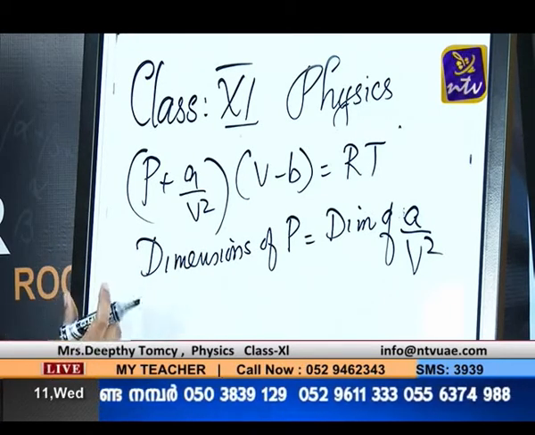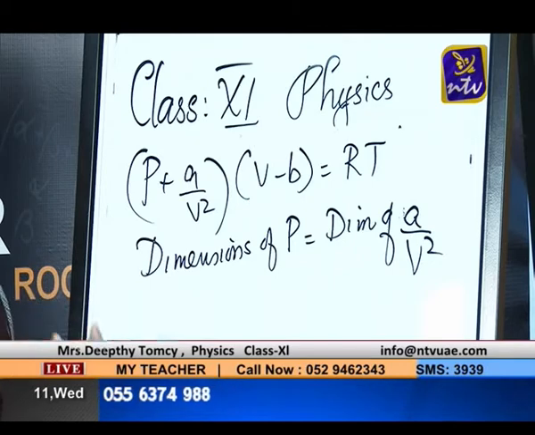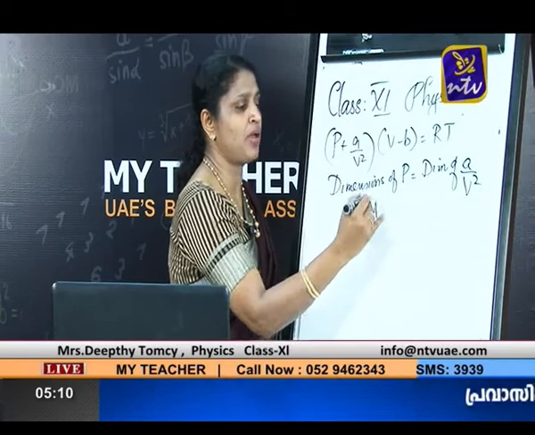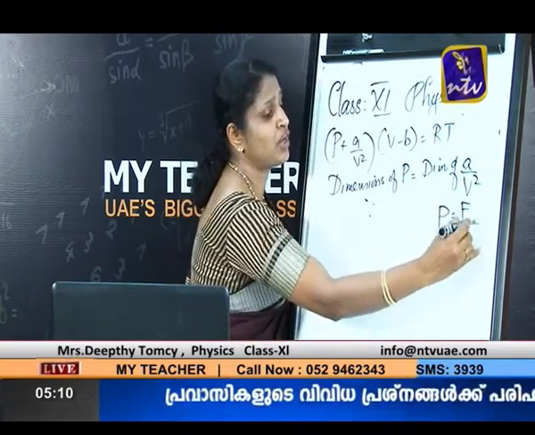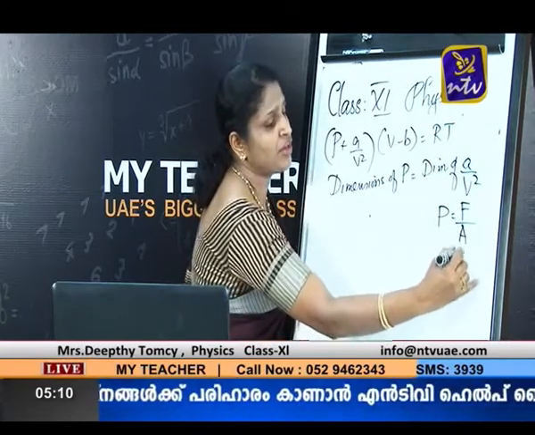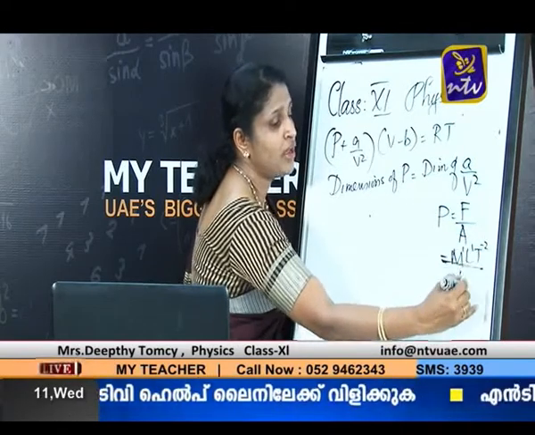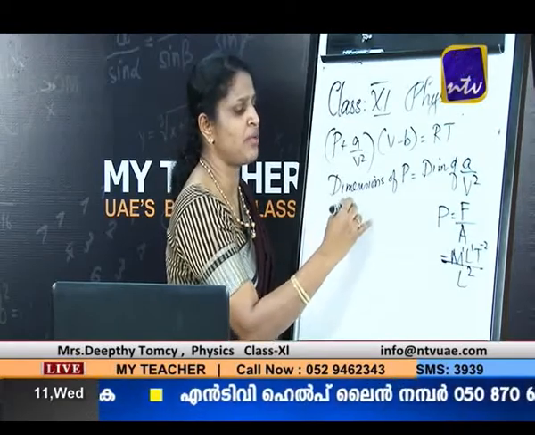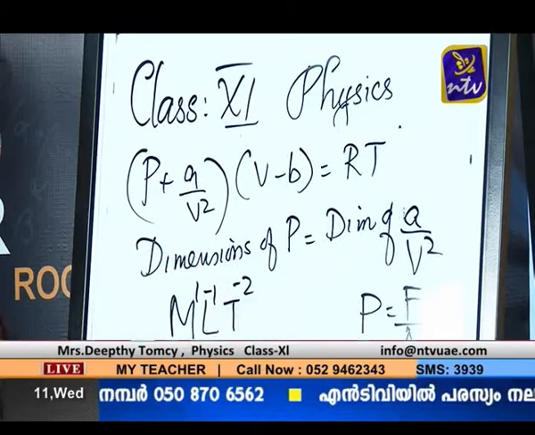We can write the dimensions of pressure by using the formula force by area. We know that force has dimensions M L T^-2. So P = F/A, force is M^1 L^1 T^-2 divided by area, which is L². So the dimensions of pressure will be M^1 L^-1 T^-2.